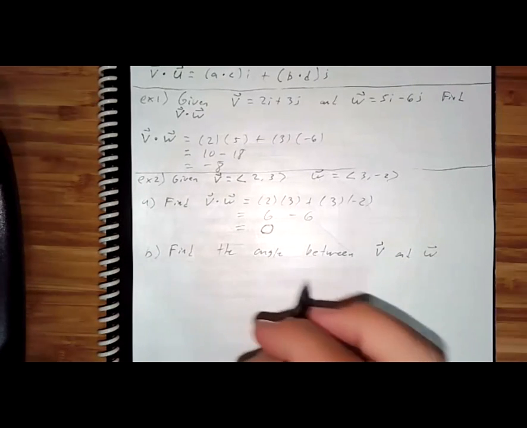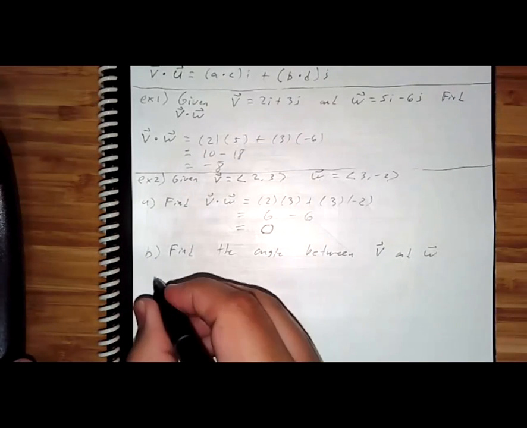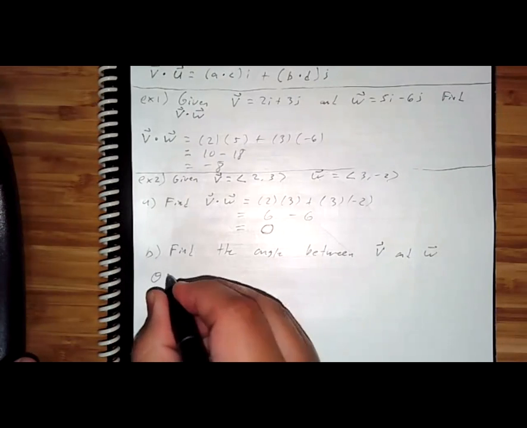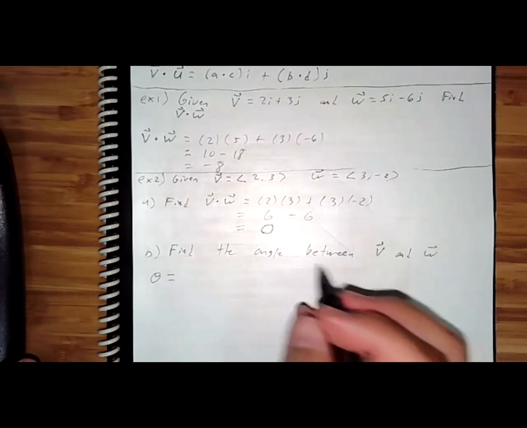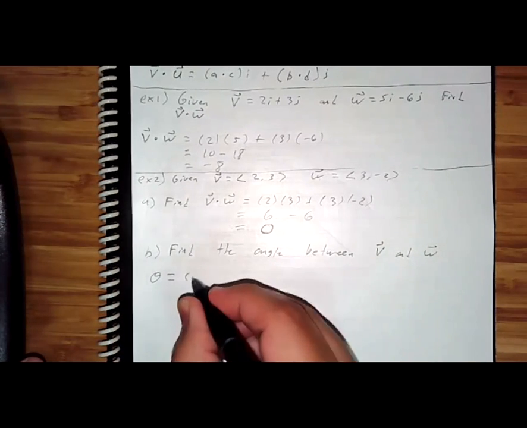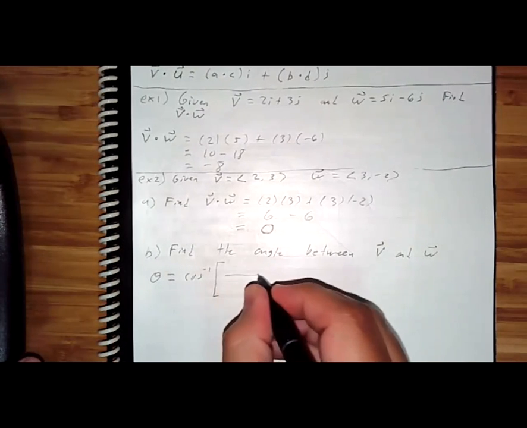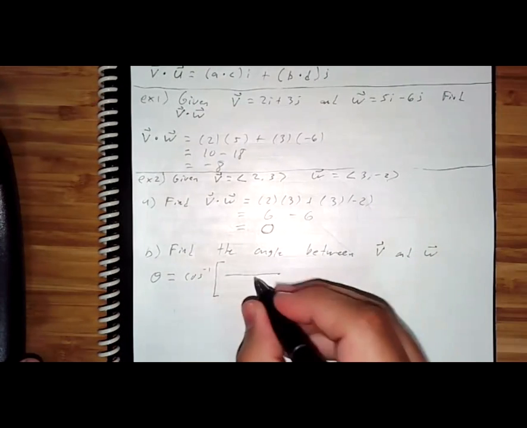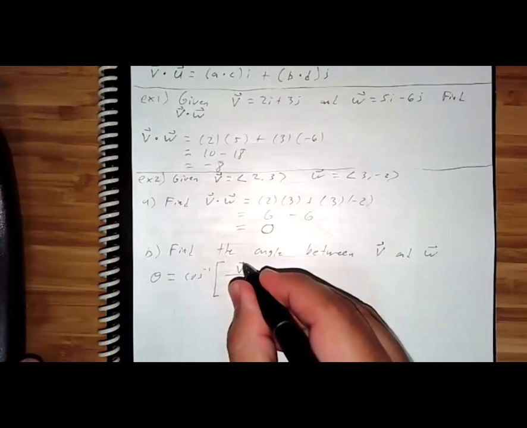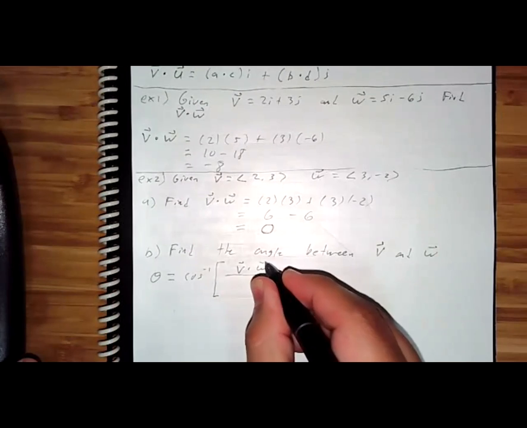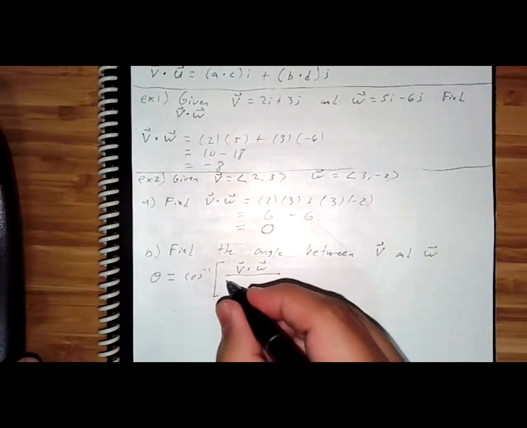So the formula, to make it easier for you, just do the angle between, which we will call theta. It's going to be cosine inverse. So I went ahead and solved theta for you. Just plug in the dot product up here and then divide by the magnitude of each vector.